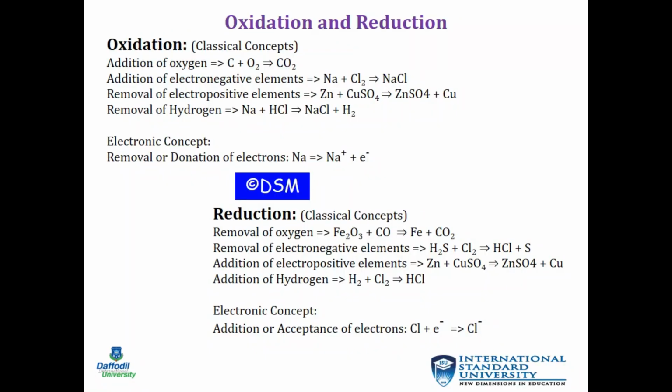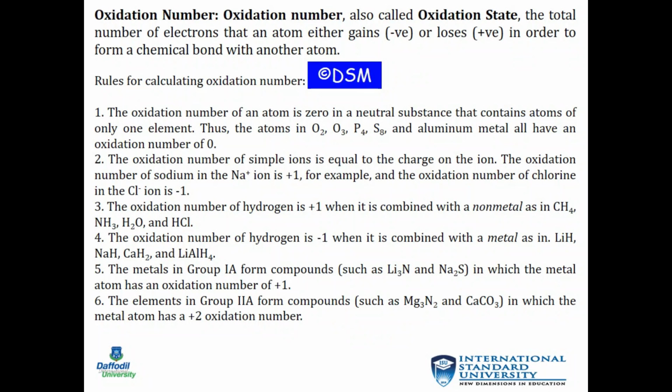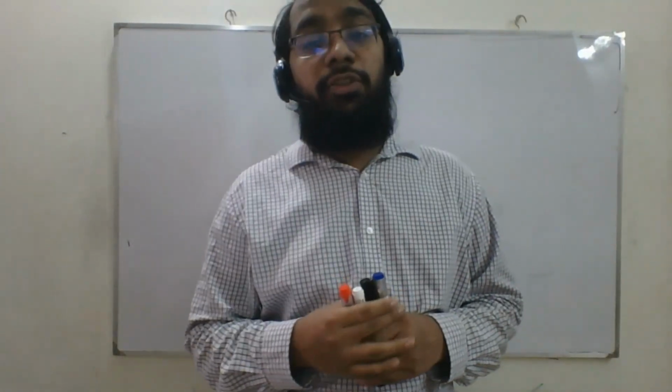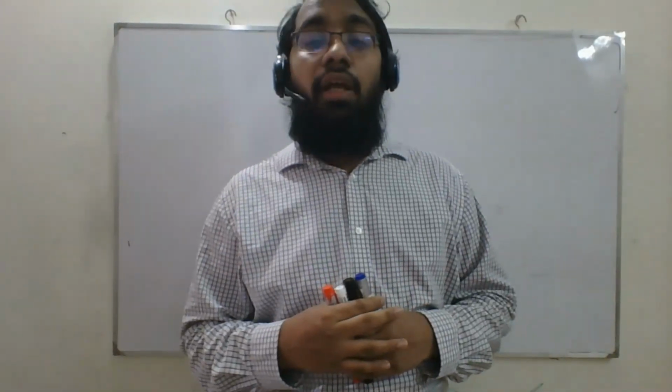Now this will help you to understand the oxidation reduction reaction, and in the next class we will talk about the electrochemical series and its use, and the reduction potential and oxidation potential of the series.